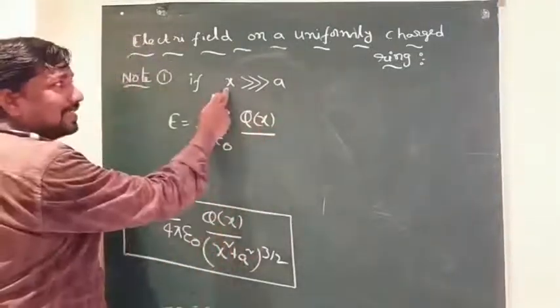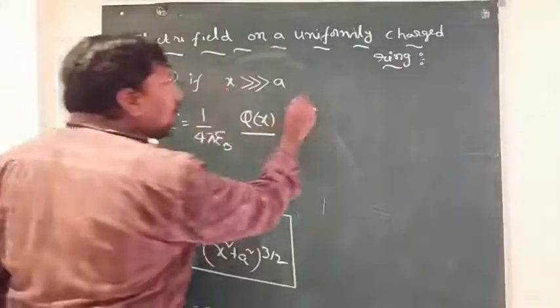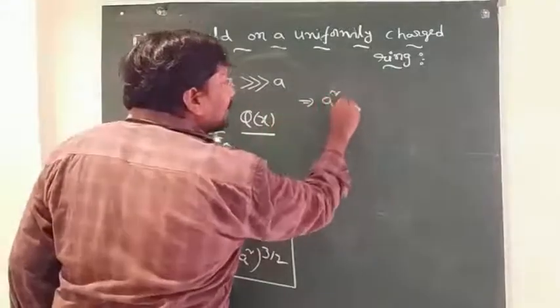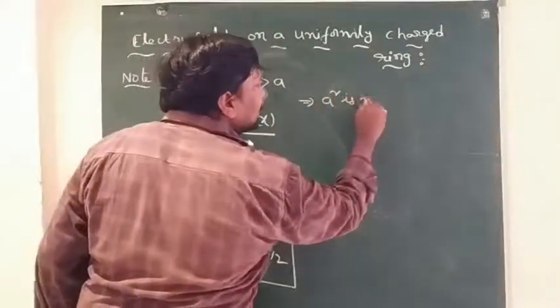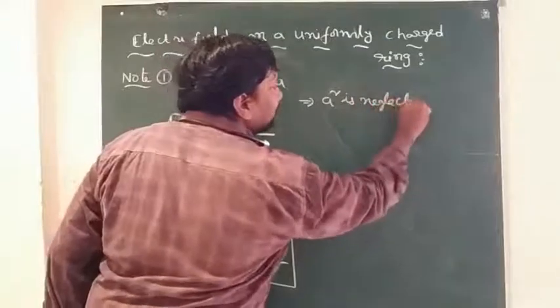Here x is greater than a, so the a square term is neglected.